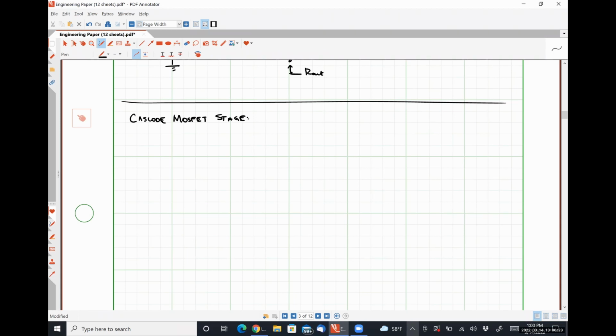So if we have a MOSFET current source generated by some resistance RE like so, or an NMOS device. It's not RE, is it? Sorry, you're absolutely right. It should be RS. Thank you.